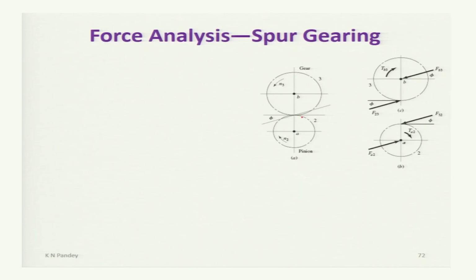So let's take pitch circles of two gears. This is the pitch circle of the pinion, and this one is the pitch circle of the gear.